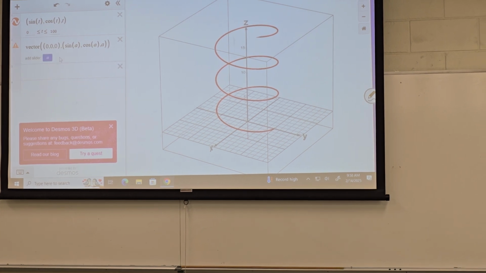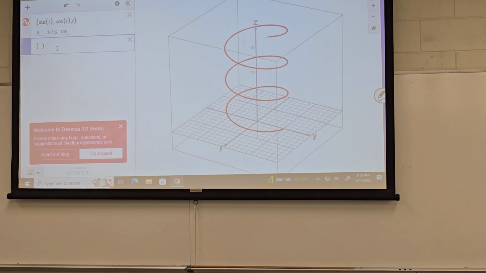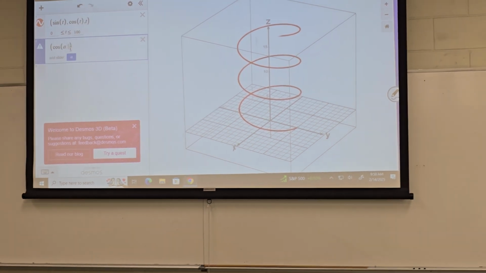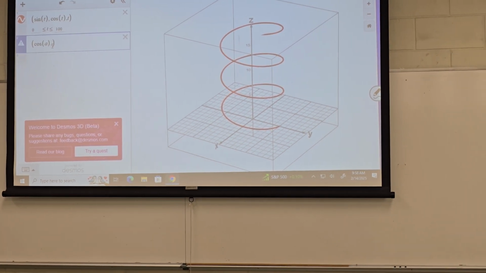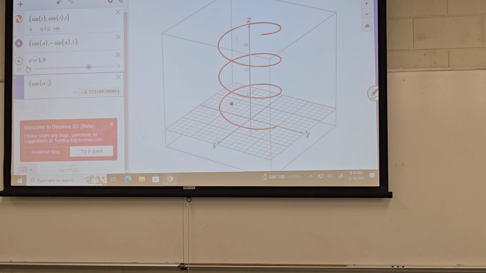So my derivative vector is cosine t, negative sine t, comma 1. And now thinking about this alone as a vector doesn't really help me until you add it to some point on the curve.